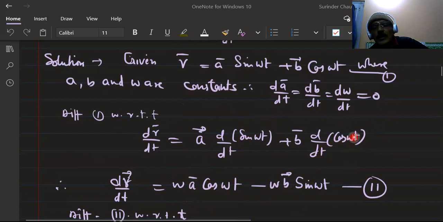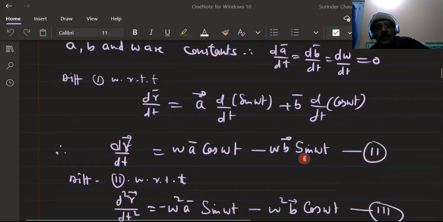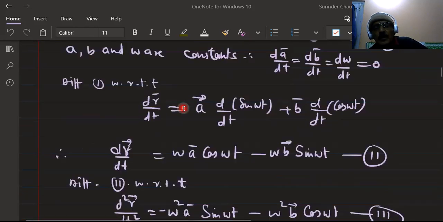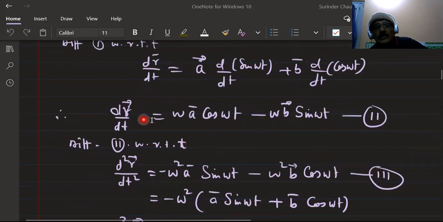Now to show this, we'll find the second derivative of r. Differentiate again: omega a is a constant, and d/dt of cos omega t is equal to minus sin omega t into omega.